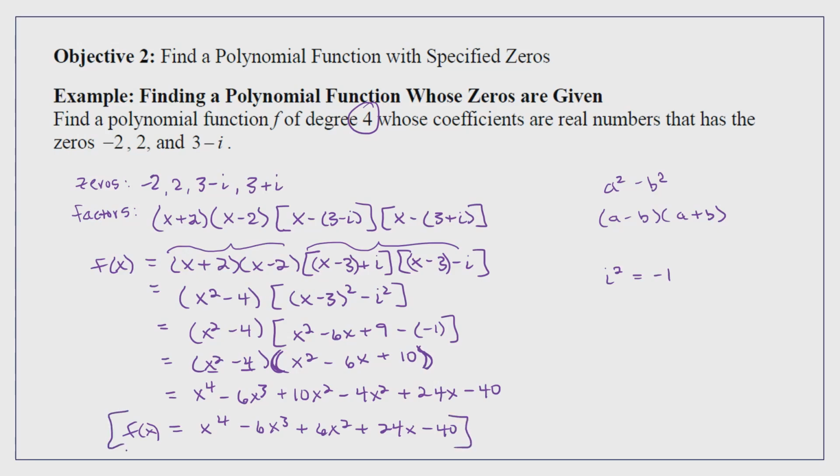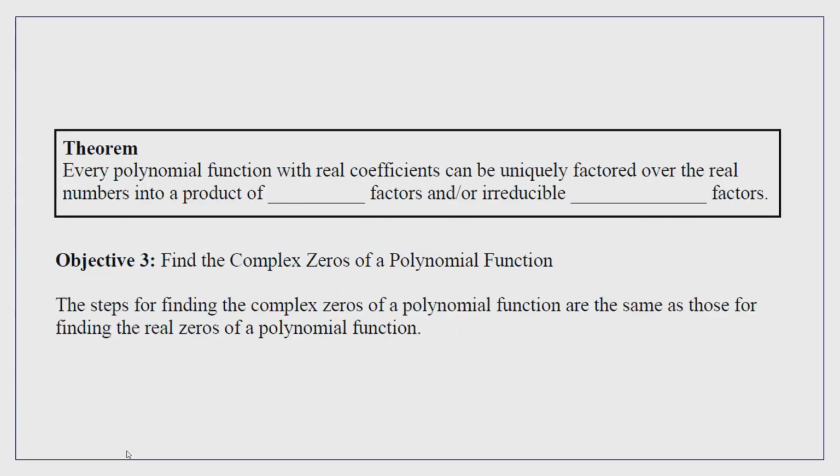And that is our polynomial function f of degree 4. So every polynomial function with real coefficients can be uniquely factored over the real numbers into a product of linear factors or irreducible quadratic factors.